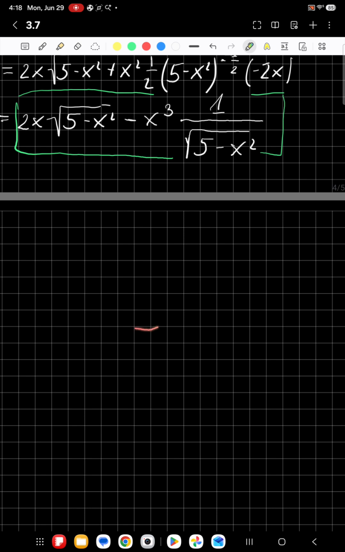So where are we? I have this derivative. Now I need to evaluate the derivative at 1, so x is 1. So f prime of 1 is going to be 2 times 1, times the square root of 5 minus 1 squared.